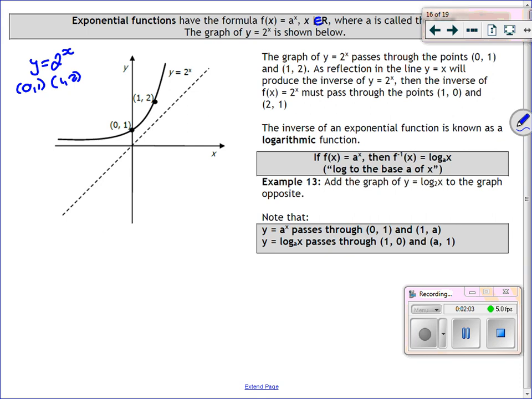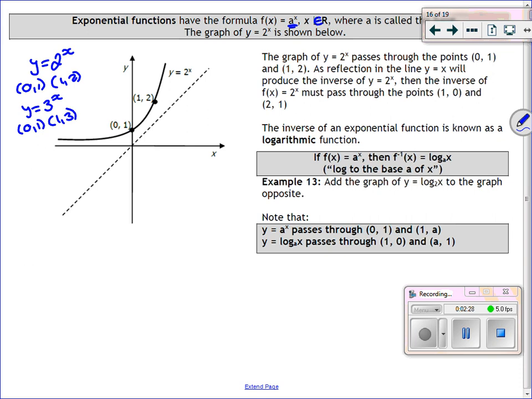If I have the graph of y equals 3 to the power x, that will go through (0, 1) and (1, 3). 4 to the power x will go through (0, 1) and (1, 4), and so on. So that a value, like we've got here in the grey box, tells us the coordinate that it goes through.